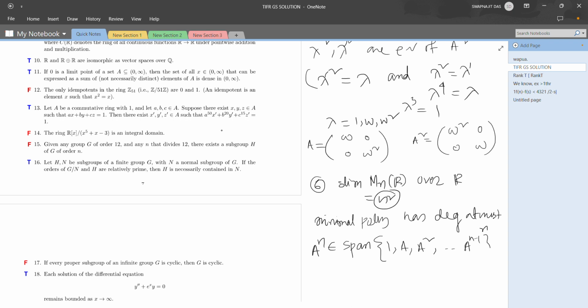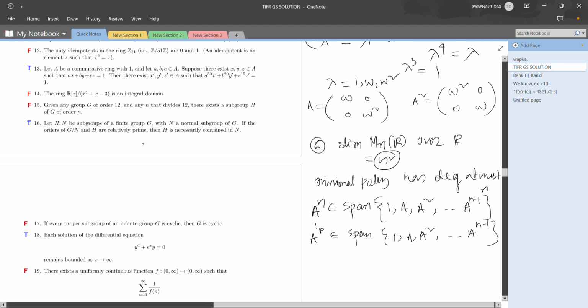That means A^n is in the span of 1, A, A² up to A^(n-1). In particular, A^p belongs to the span of 1, A, ..., A^(n-1) for any p greater than or equal to n.